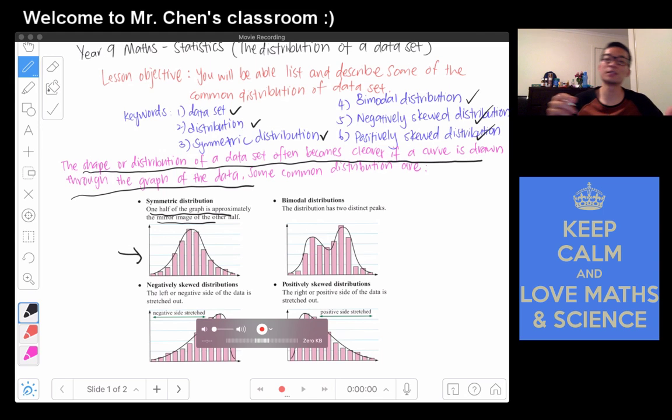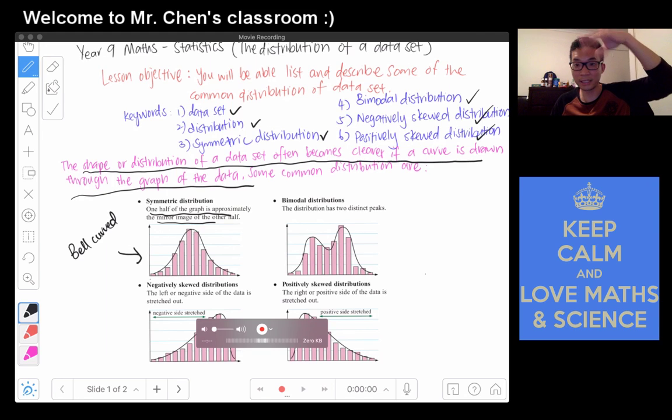If you survey everyone and measure their height and lay them out on the graph, you will see this graph. This is also called the bell curve graph. Alright, it looks kind of like a bell. And there are two polar ends.